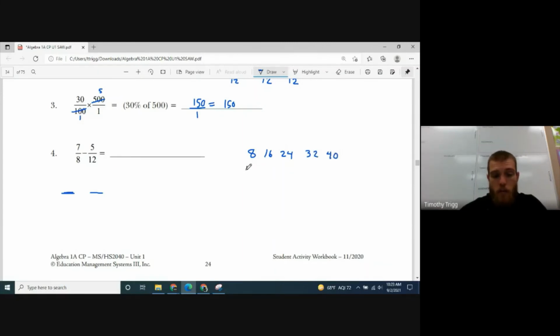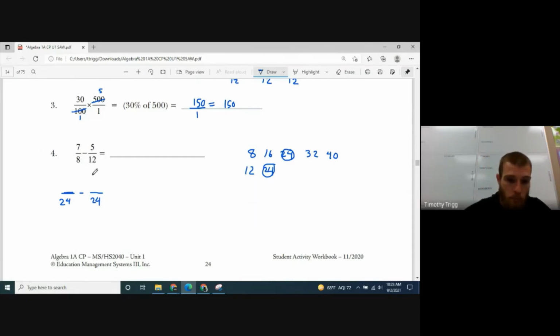For 12, it's 12, 24. Oh, I could stop right there because now I have one they have in common. Okay, so once you see a multiple they have in common, that's your lowest common denominator. In this case, 24ths. And again, whenever you're adding or subtracting, you need a common denominator.